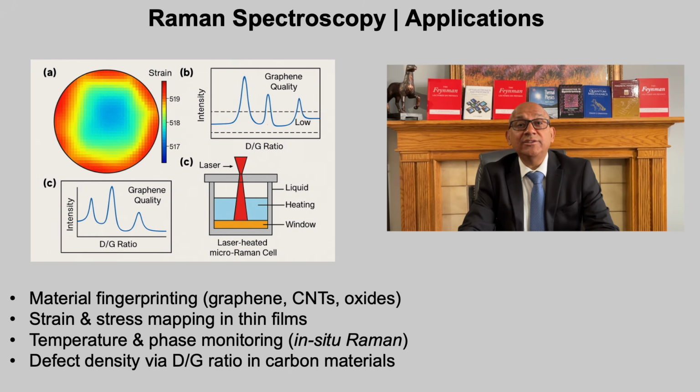Because lasers can be tightly focused, spatial mapping produces two-dimensional stress or compositional images. With in-situ Raman stages, we can track temperature-driven phase transitions or chemical reactions in real time. Thus, Raman links structural, chemical, and functional information within a single optical probe.